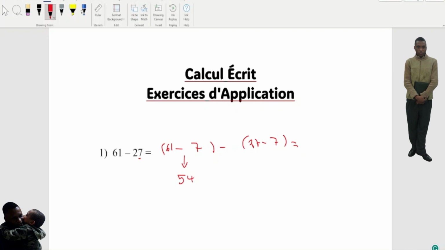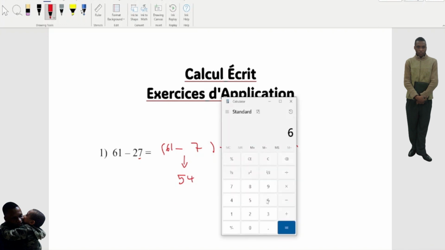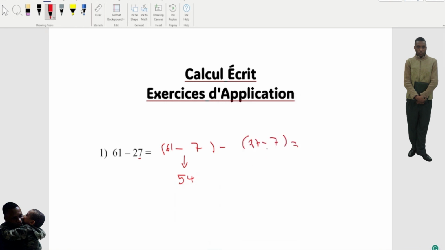So if we bring this, 61 minus 7 equal 54. Now, we're going to do the same thing. When you take 7 inside of 27, how much you going to be left? 20. Right here.